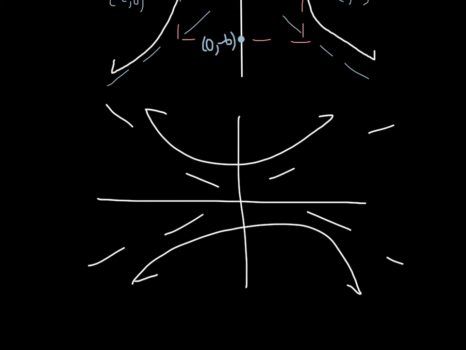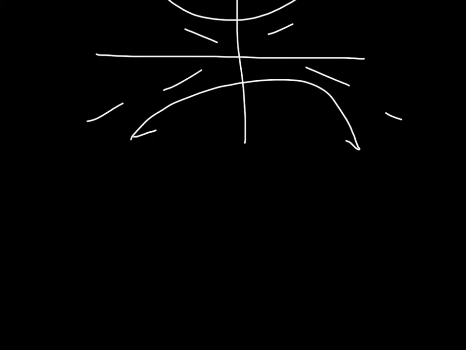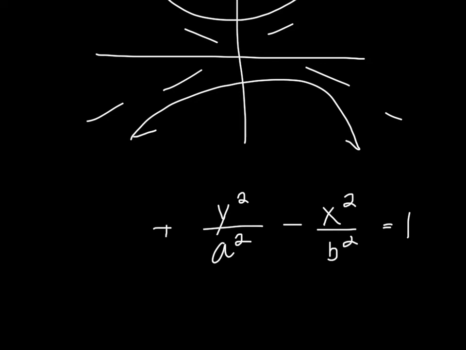That graph would have the equation y squared over a squared minus x squared over b squared equals 1. This is different from the previous one in that our y squared is positive and our x squared is negative, whereas previously we had x squared over a squared minus y squared over b squared, with x squared positive and y squared negative.